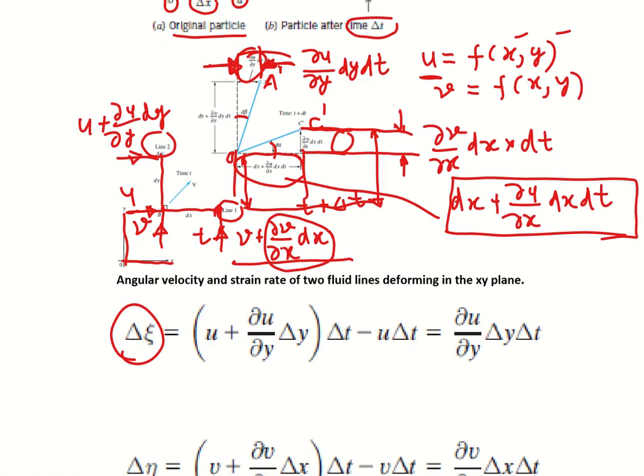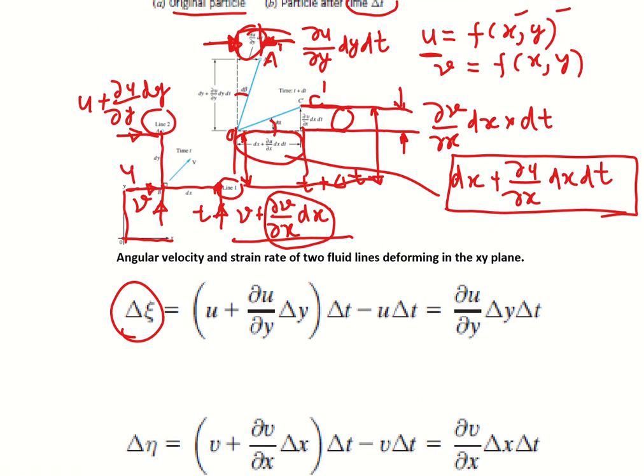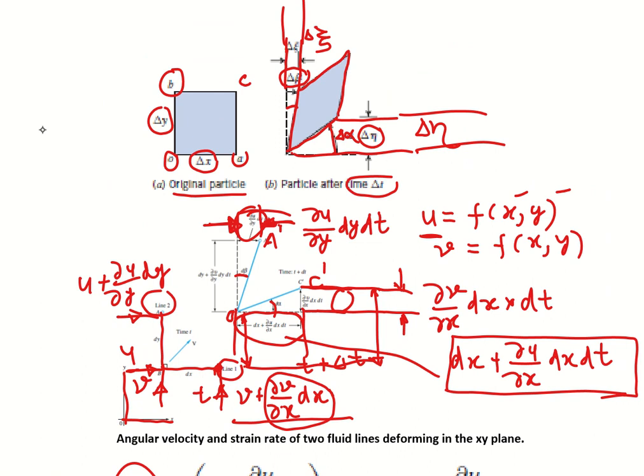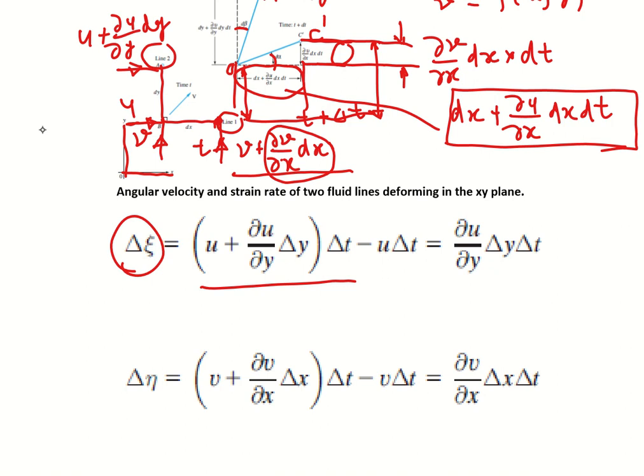Delta xi is the additional distance traveled by the particle situated at this point, and that is because of additional velocity, which is u plus del u over del y multiplied by delta y.